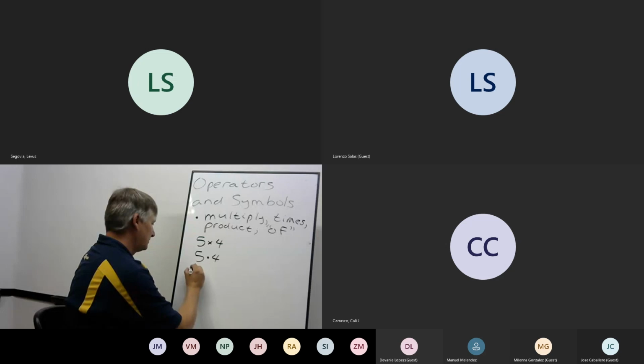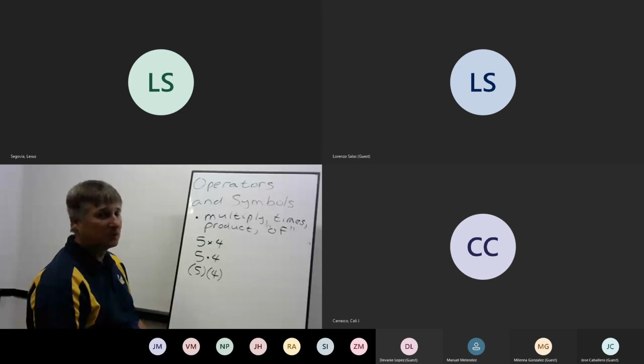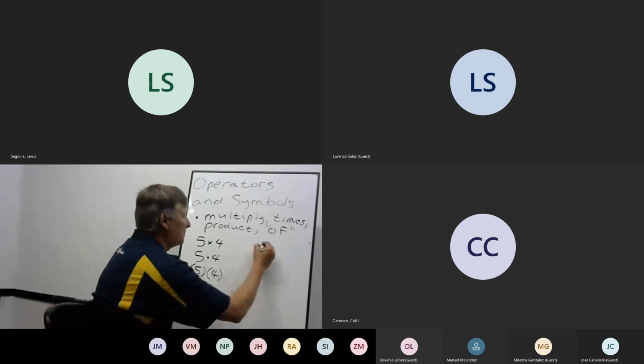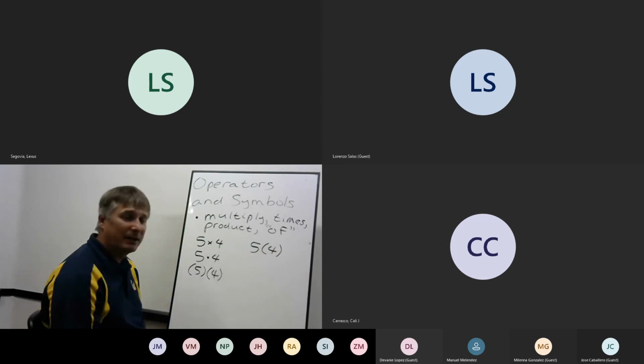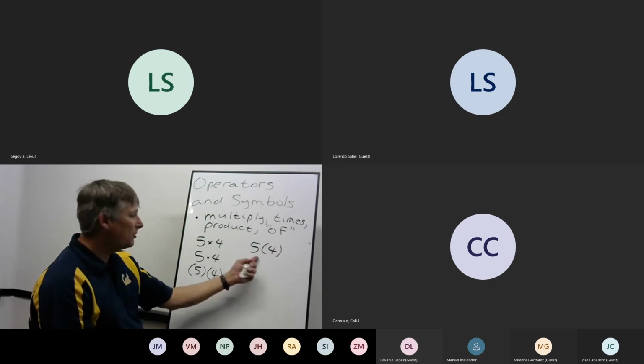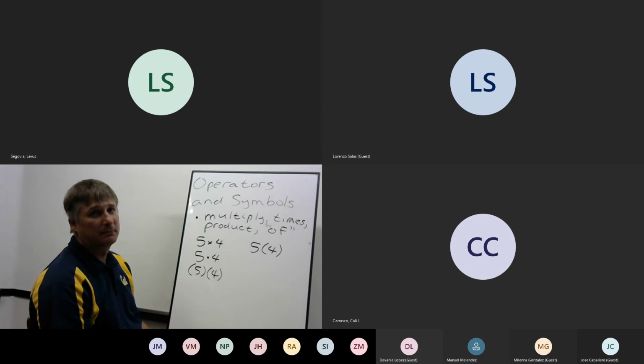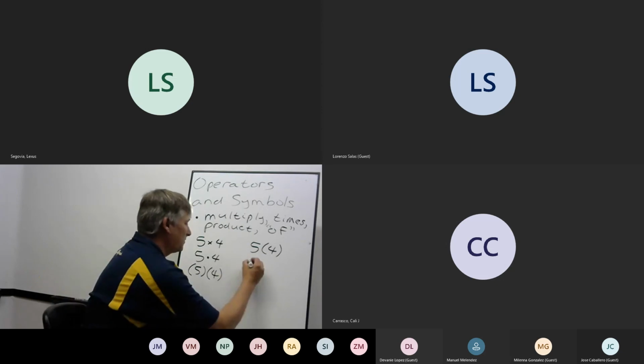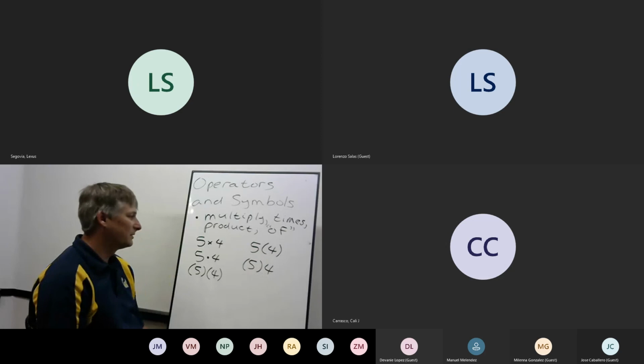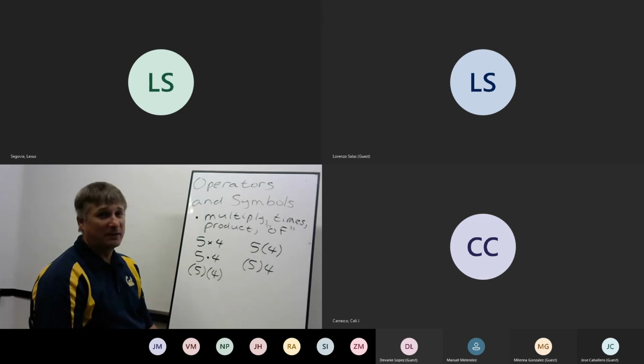Actually, there's another way of writing it. If you put 2 numbers in parentheses, that means 5 times 4. Or if you put a number here and a number like that, that also means 5 times 4. Or if you put this one in parentheses and that one not, that's also 5 times 4.